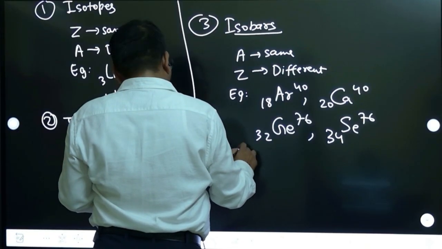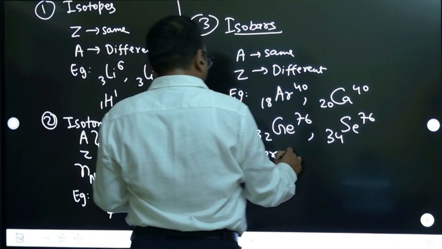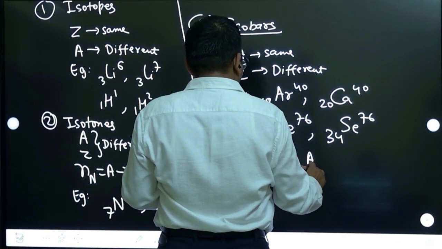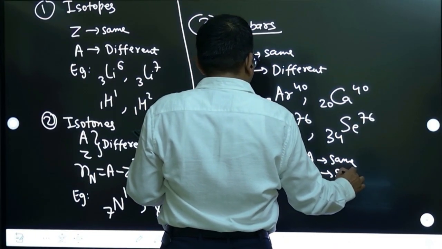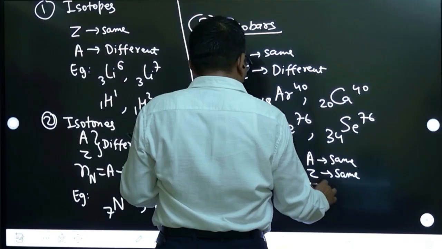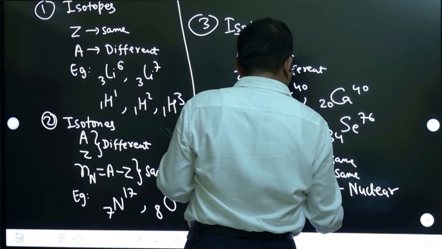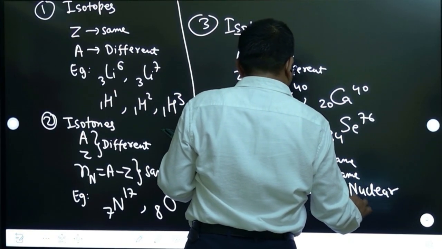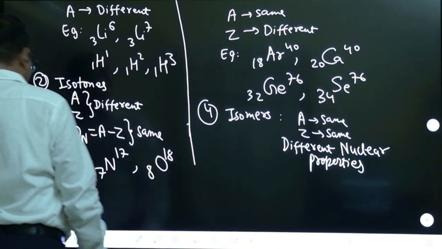Next, isomers. Isomers are what? They have A and Z both the same, but they have different nuclear properties.